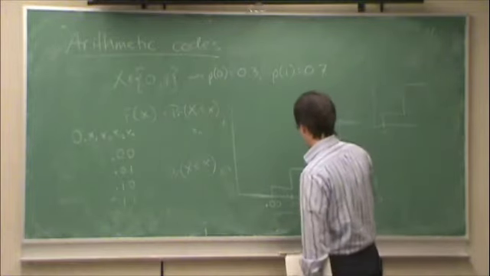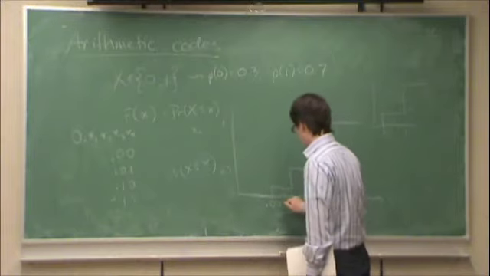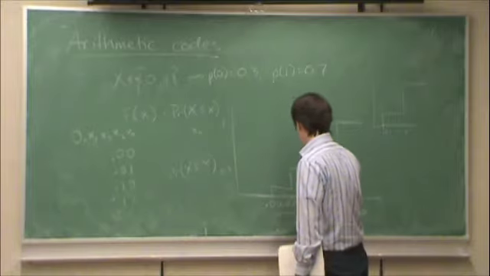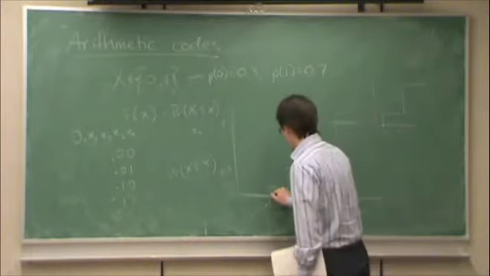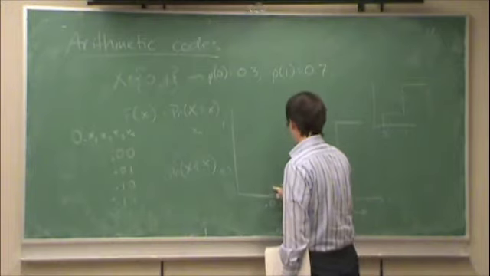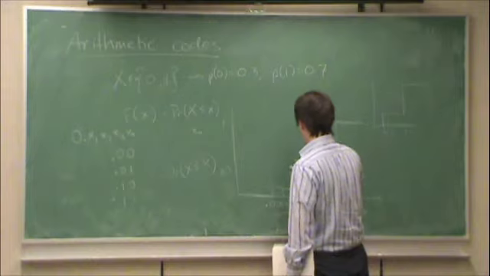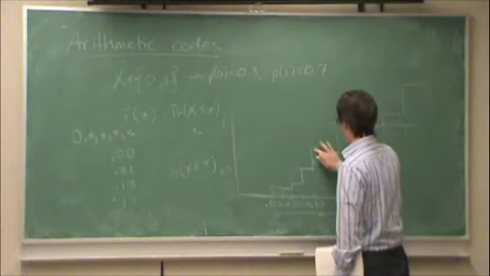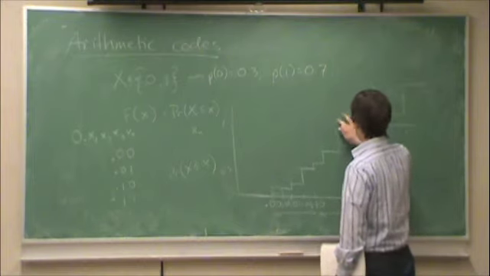The idea is that I can recursively split these now into 3 digits, 0.000, 0.001, 0.010, 0.011, and so on. I can split here, I can split here, I can split here, and I can split here.